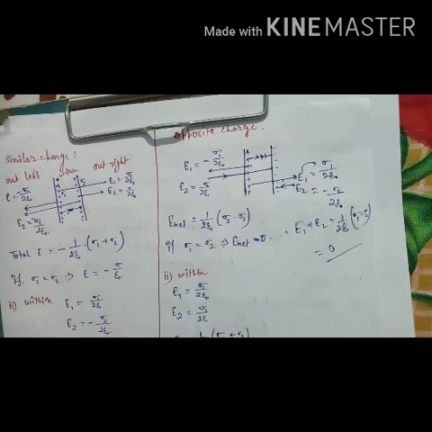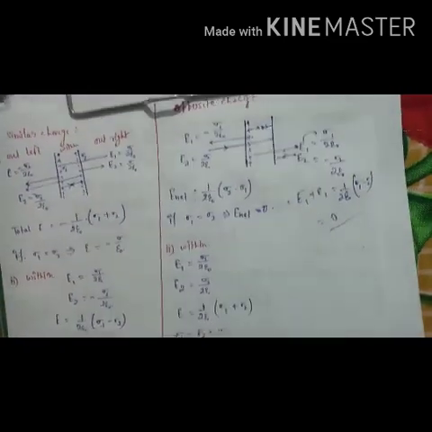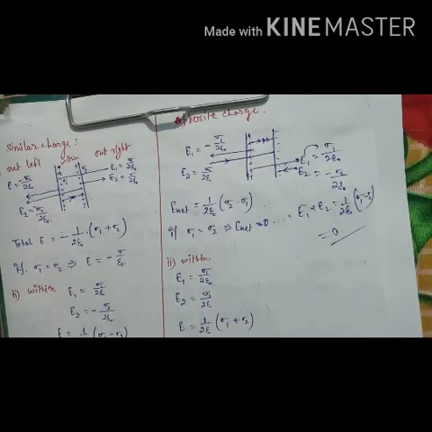So what we observe in these special conditions: whenever we have similar charges on the plates, then within the plates the net electric field will be 0.